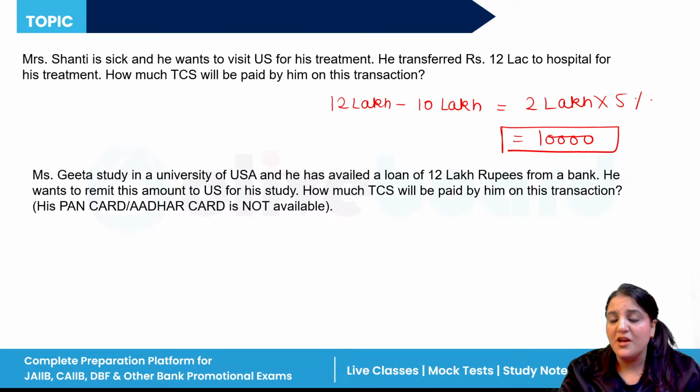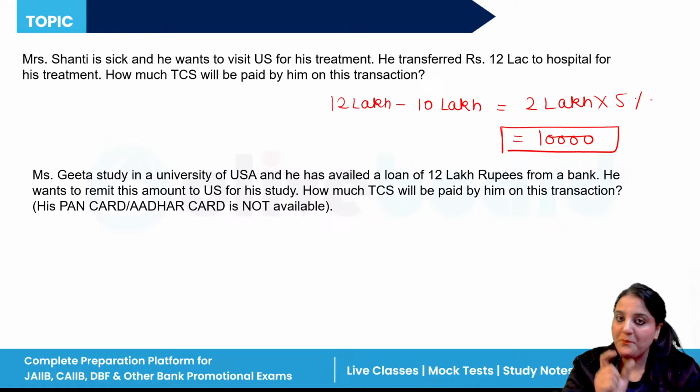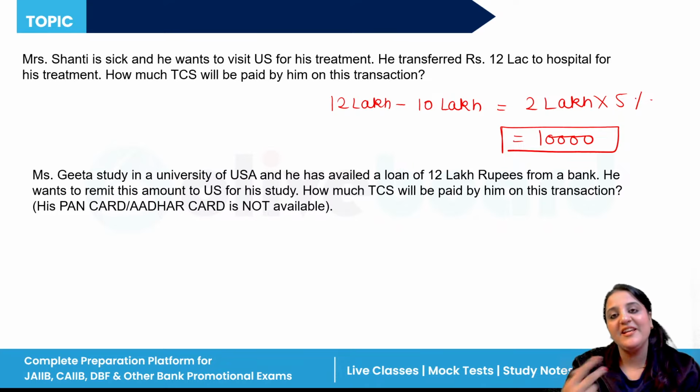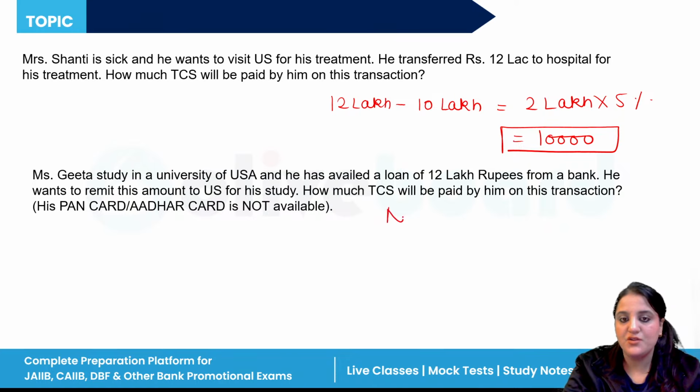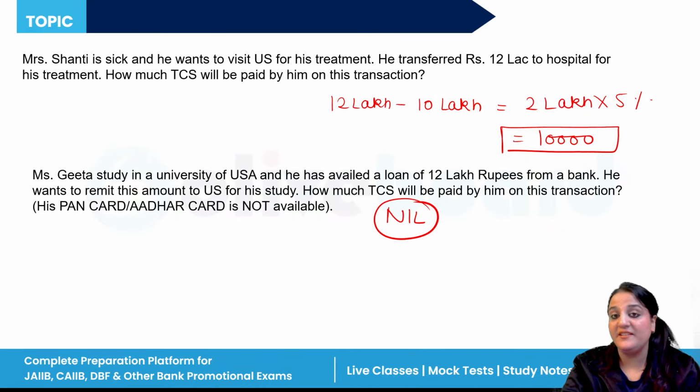Again, whatever the LRS for education purpose, if the amount being remitted is from an education loan obtained from a specified institution, whether the amount is up to rupees 10 lakh or above 10 lakh, the TCS rate will be nil, even in the case of normal PAN or inoperative PAN. So the answer is always nil, right? So the answer is nil here. No TCS will be paid by her, right?